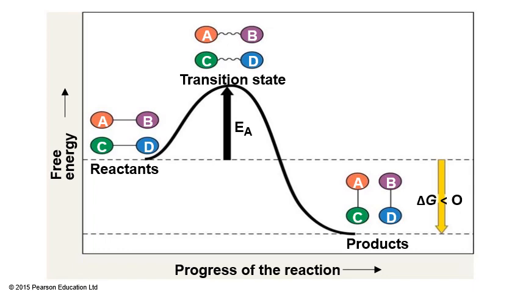Then the present chemical bonds are going to get broken between A and B and C and D. And with the EA activation energy supplied, the reactant molecules go through the biochemical reaction to become A and C and B and D products.